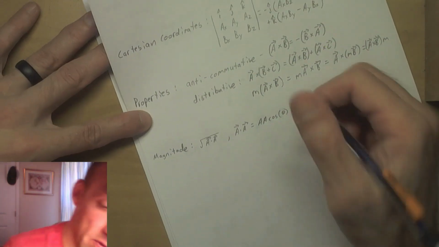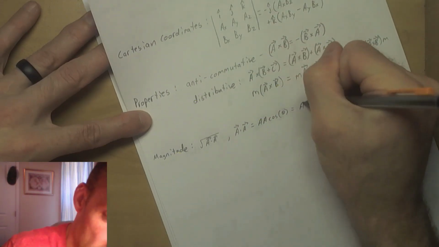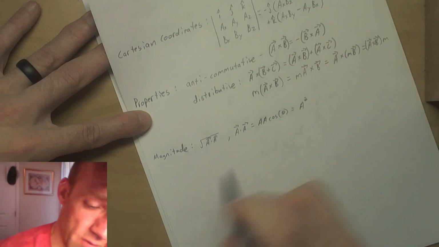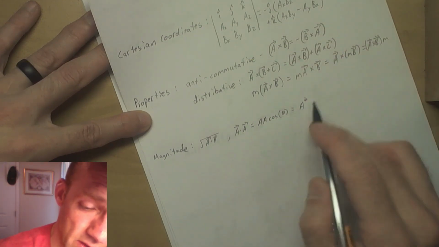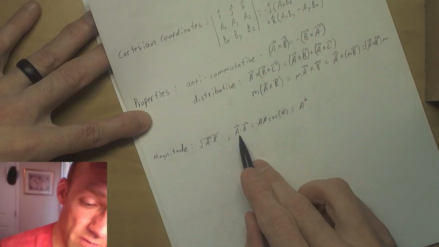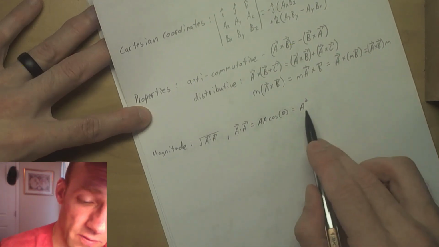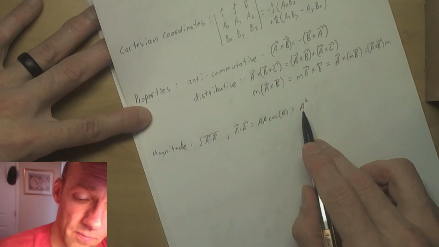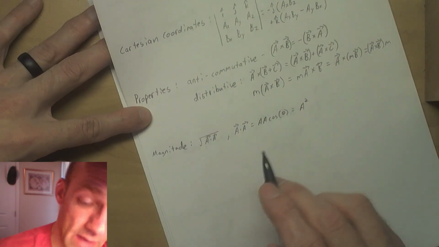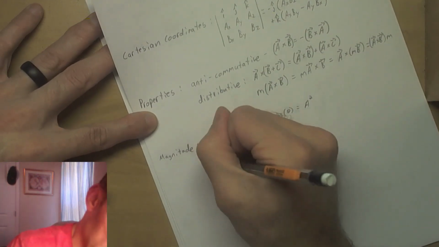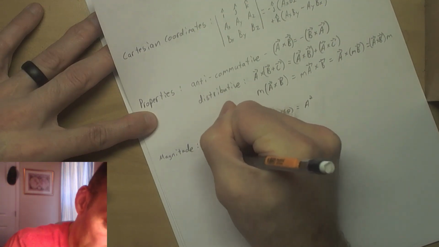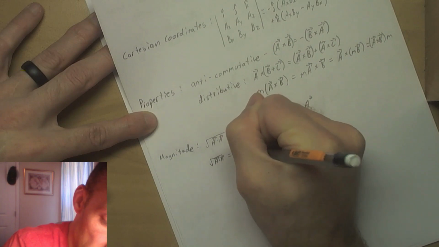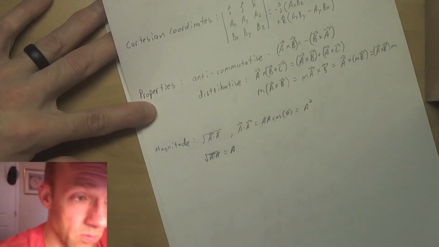So the cosine just comes out to 1, and we get a squared. If I take the square root of the dot product of the vector with itself, I get a, right? So the square root of a dot a just gives the magnitude.